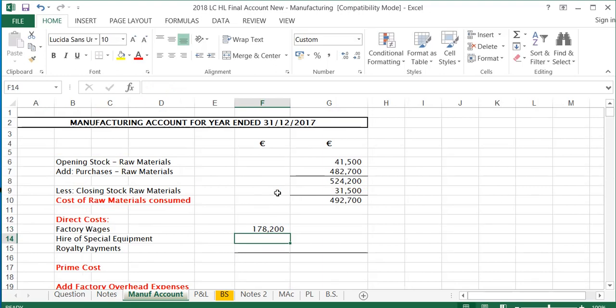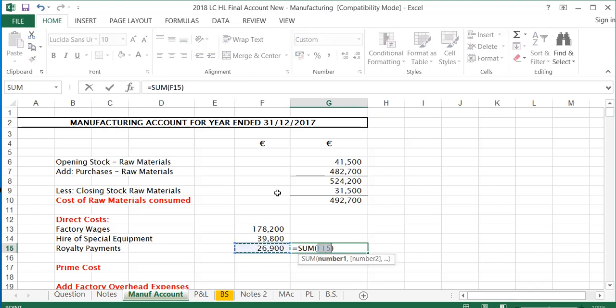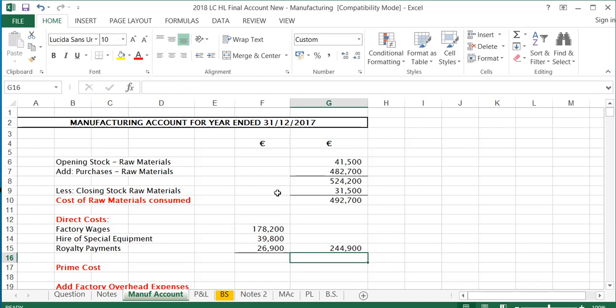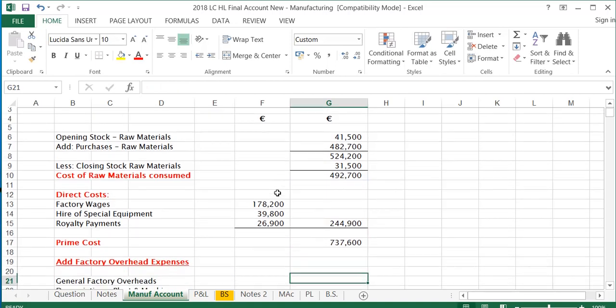Hire of special equipment, there was no change to that, so that's coming from the trial balance of 39,800. And royalty payments of 26,900 again are directly from the trial balance because there's no change to that in the notes. So my total direct costs come to 244,900, and if I add those to the cost of the raw materials consumed, that gives me prime cost of 737,600.